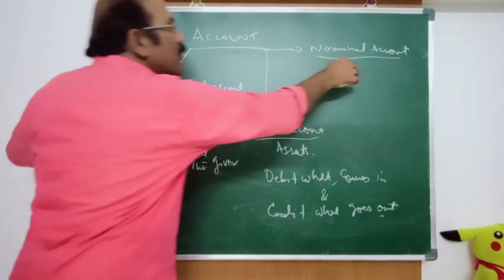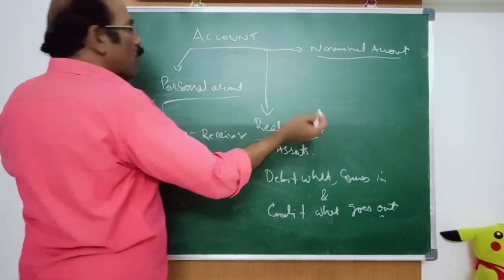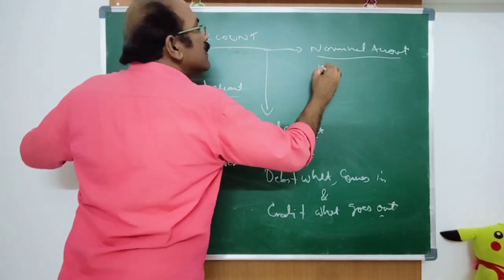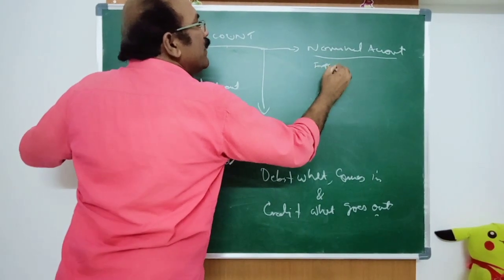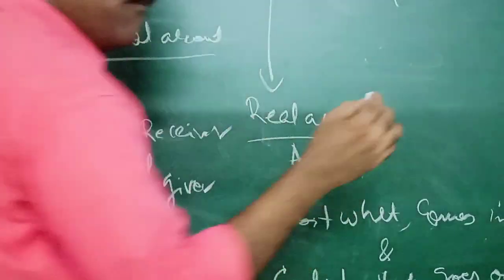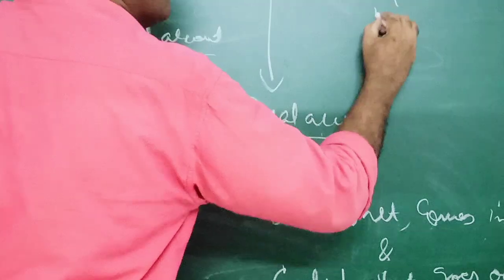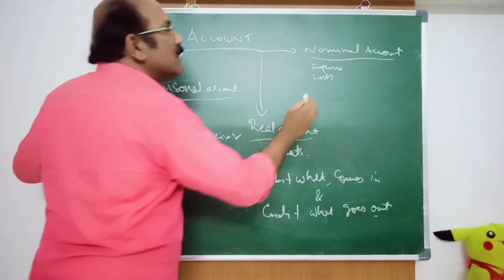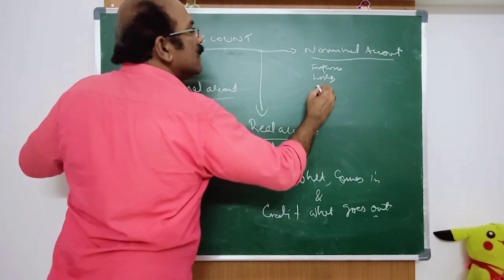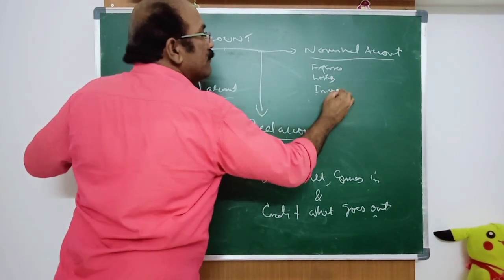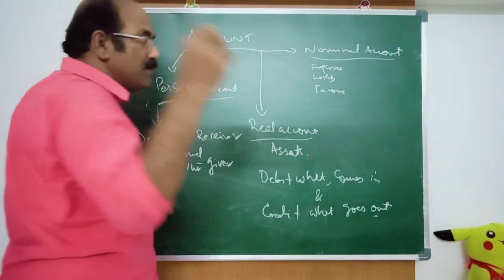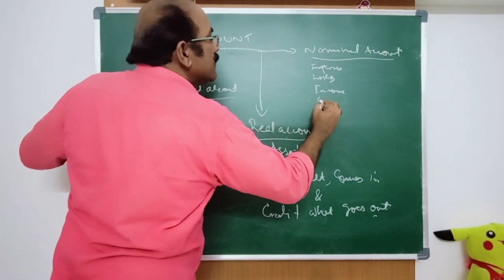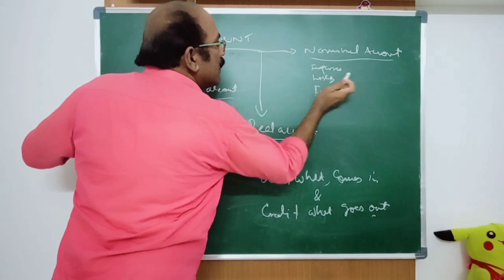Now you have a nominal account. Nominal account is normally to do with what? To do with expenses of business, losses, income, revenue, mainly revenue of sales, and gains.